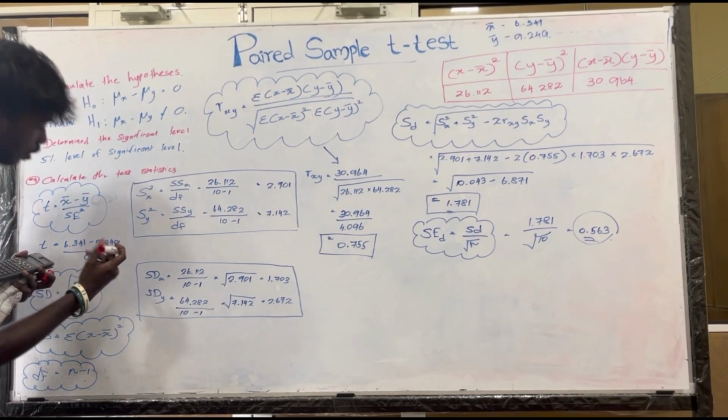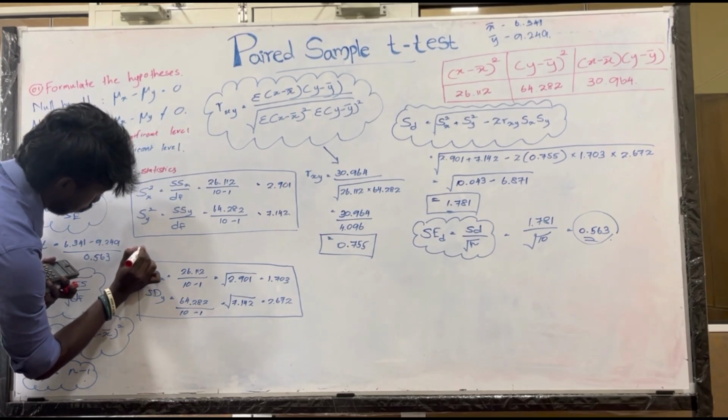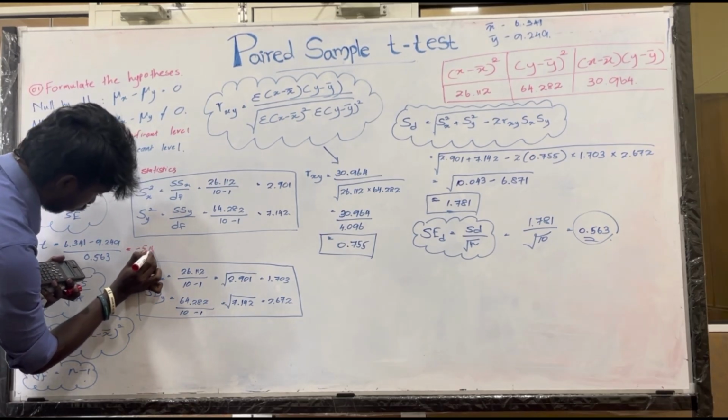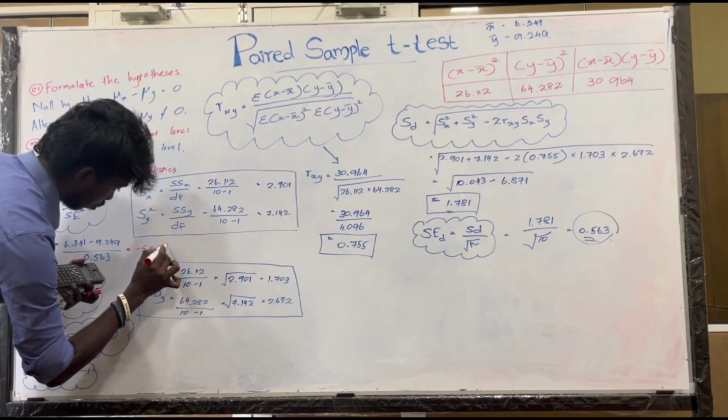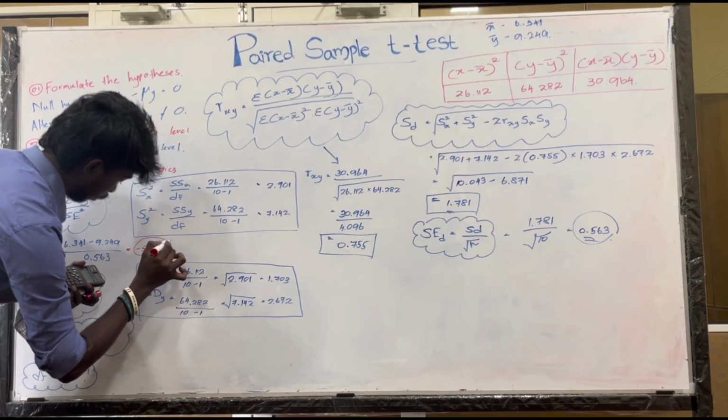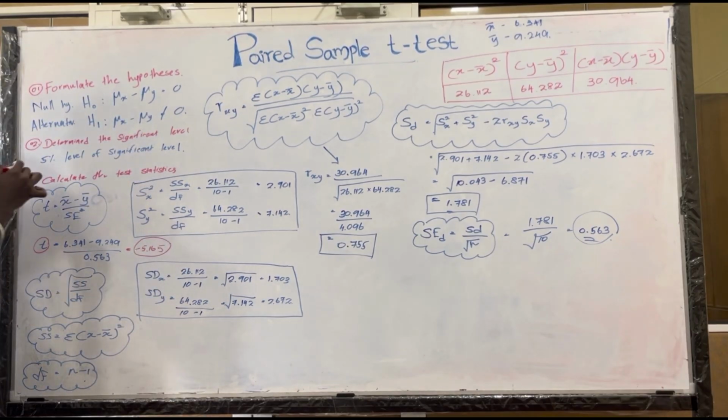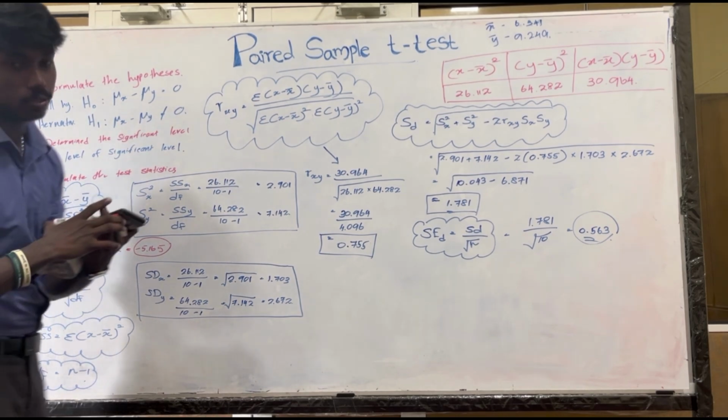The answer is minus 5.165. This is the t value of our calculation.